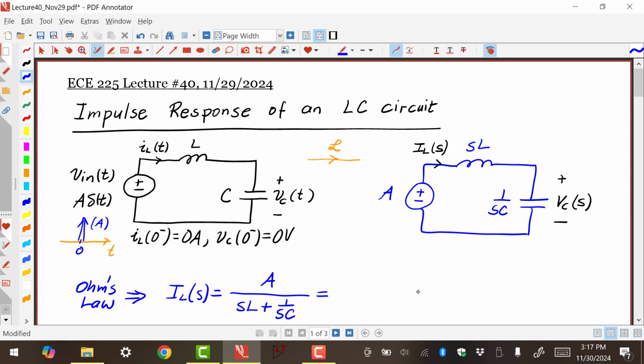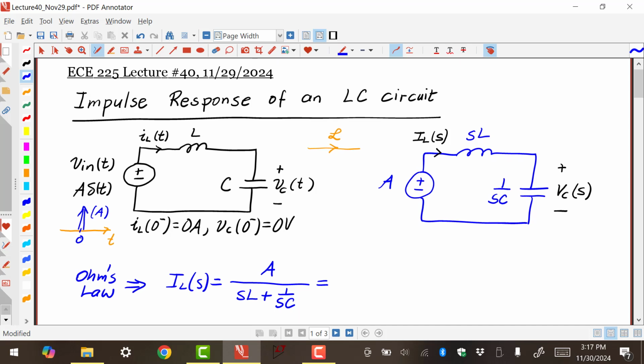For example, first thing to do is maybe multiply top and bottom by sC. That'll get rid of the fraction in the denominator. So we have A times s times C divided by s squared LC plus 1.